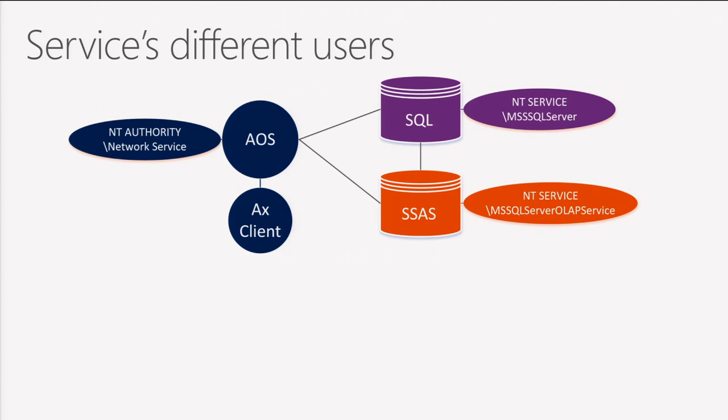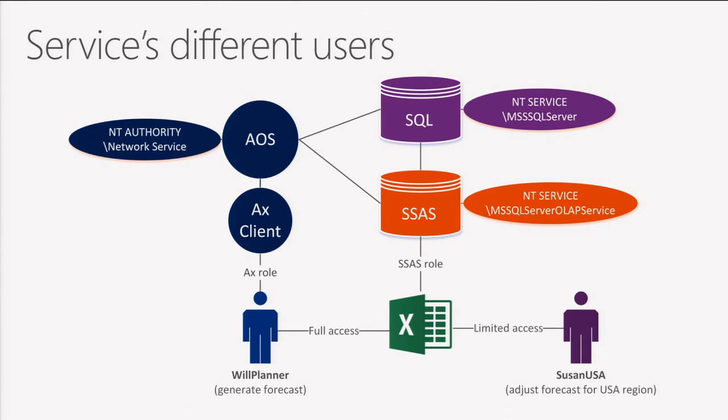But how will it look together with the users, the users that generate the forecast or that adjust the forecast? Where do they fit there? This is a very simple example. We have the blue guy, the Will planner.